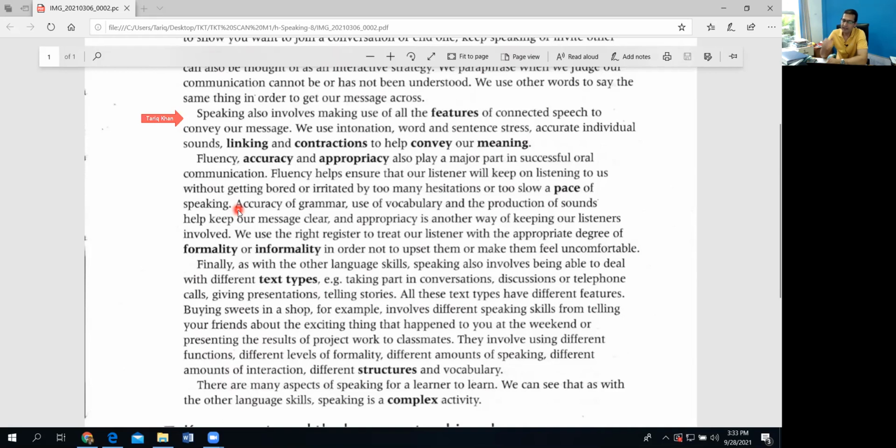So fluency is like whether you have control of the language. According to the situation, you can step up your speaking pace, or you can slow down when it is needed, when there is a more complicated thing which you want to put forward. So you get slow on that, right?